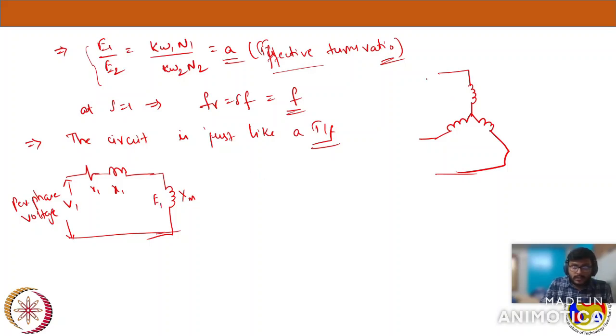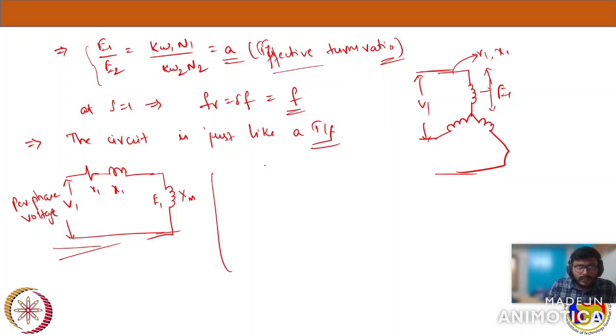Now let's say this is the stator. We already have a stator circuit here, and V1 is the supply here. This will be E1, and this connection will have R1 and X1 on the primary side, which is what we call the stator side. This is the primary side circuit.